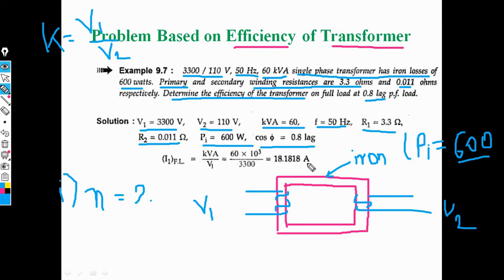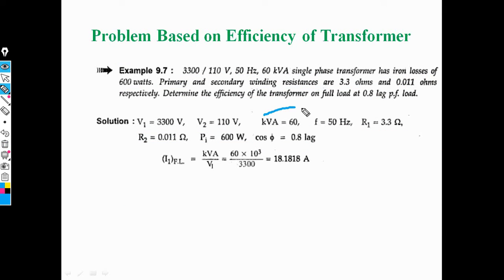This is the given data. Now we need to find the efficiency, that is eta. In this problem the kVA rating is given. What is the meaning of kVA? It is kilo volt ampere.